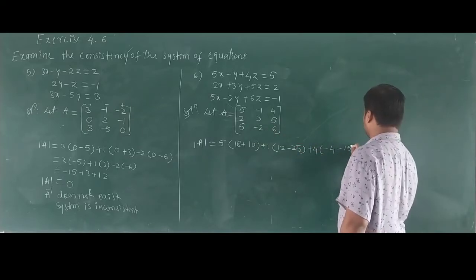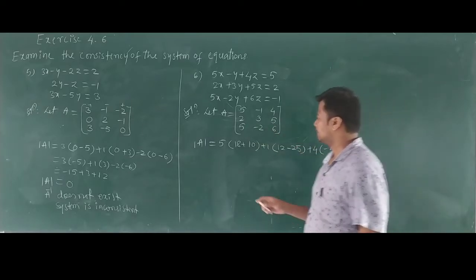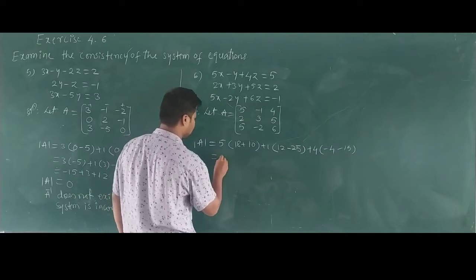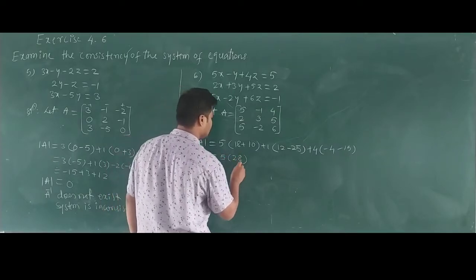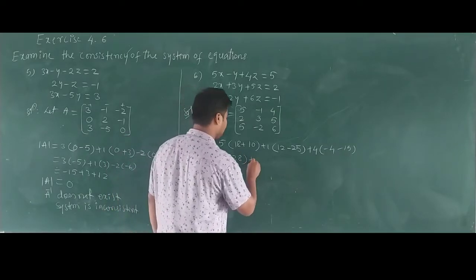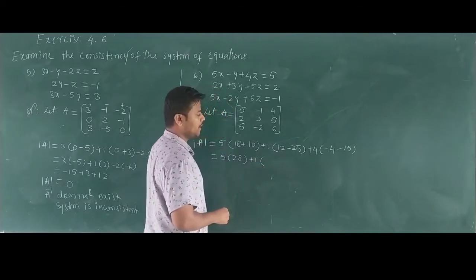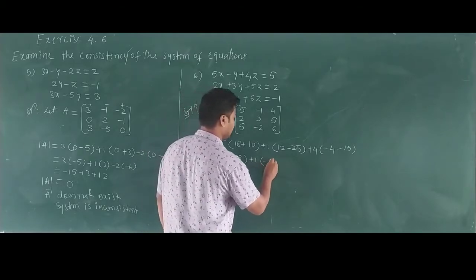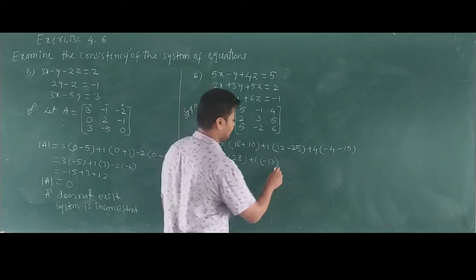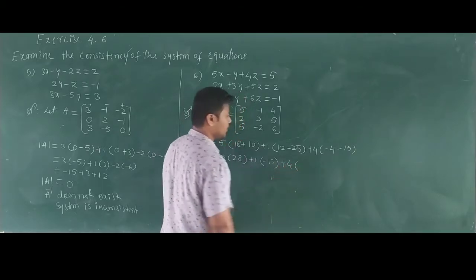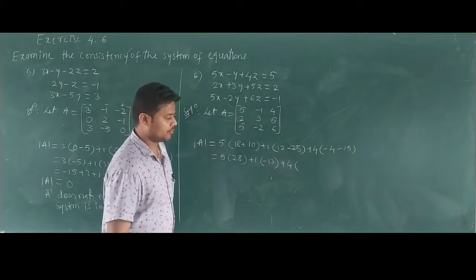minus 15. 5 into 28 plus 1 into 12 minus 25 minus 13 plus 4 into minus 4 minus 15.